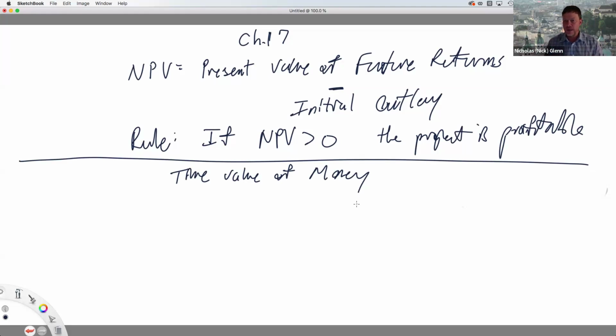If you think about it, $1,000 today is worth more than $1,000 a year from now, and $1,000 a year from now is worth more than $1,000 10 years from now. Why is that? Well, we need money now to purchase things, right? We're hungry, we need food, we need to pay our bills, we have different things that we need to pay for. And so money in the present is always worth more than money in the future.